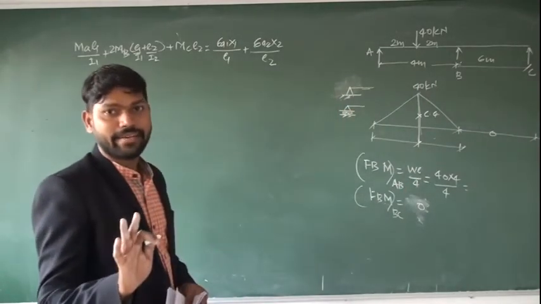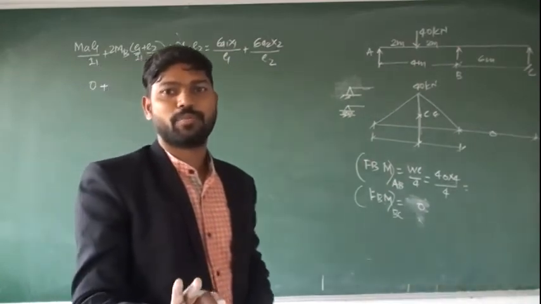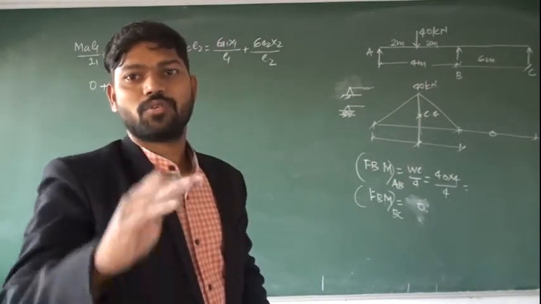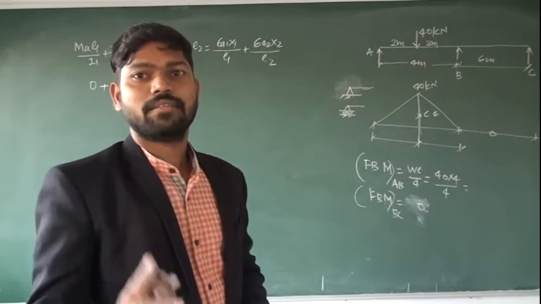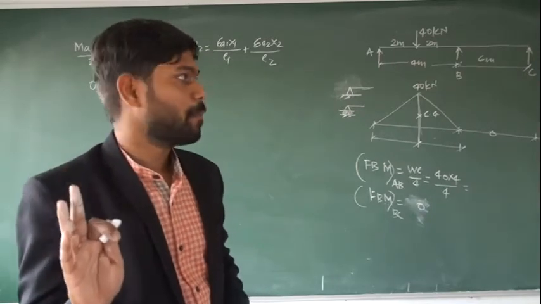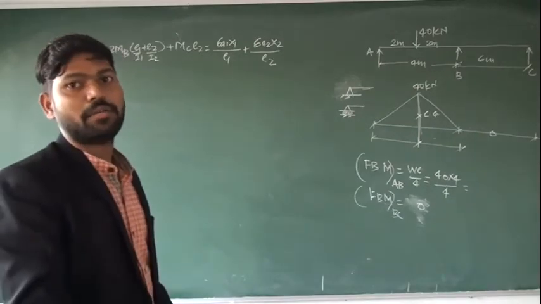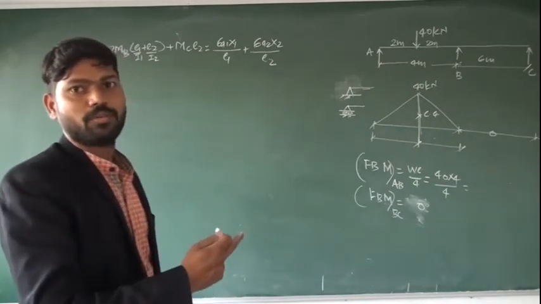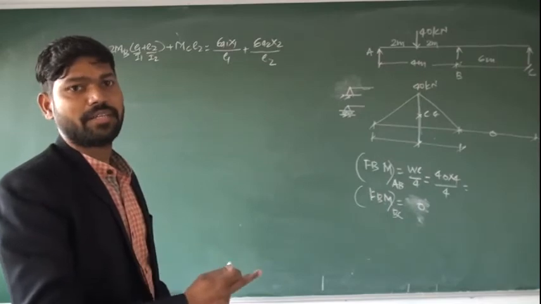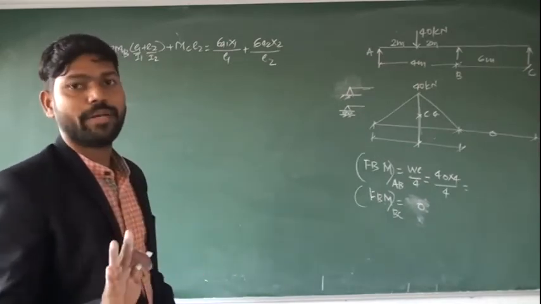But if there is an intermediate support, जर रोलर असेल हिंज असेल तर तिथे मोमेंट येणार. ओके. So at MB, B is also a simple support, but it is intermediate. So definitely there will be a moment.